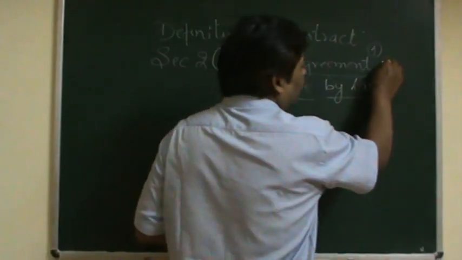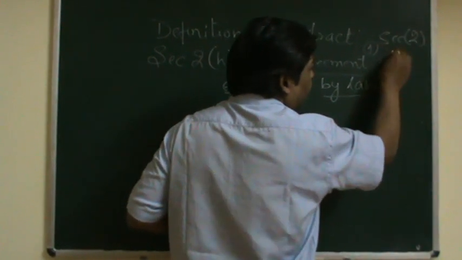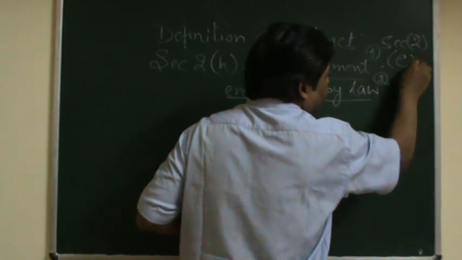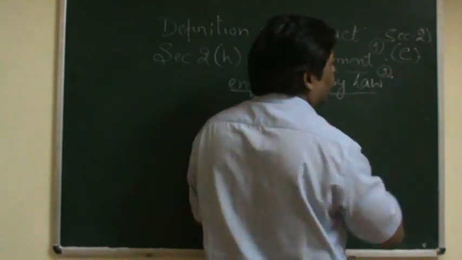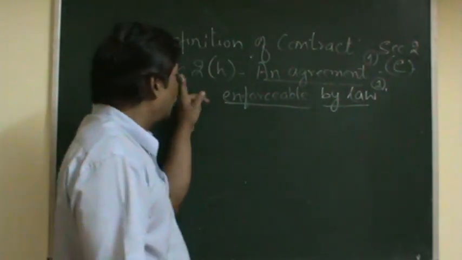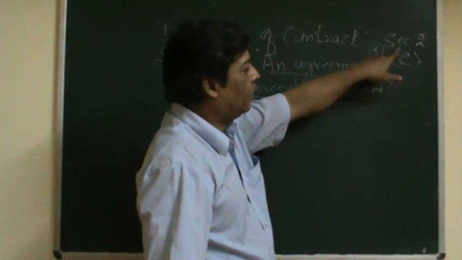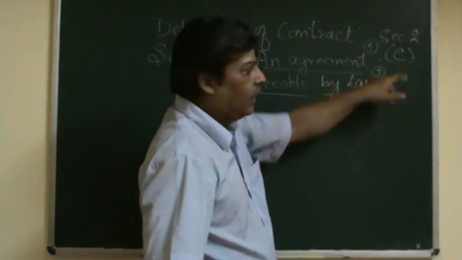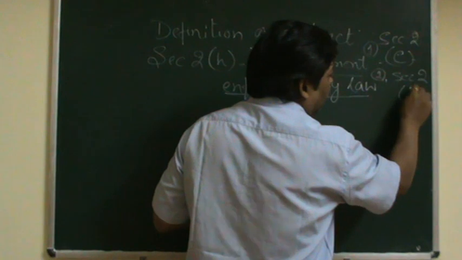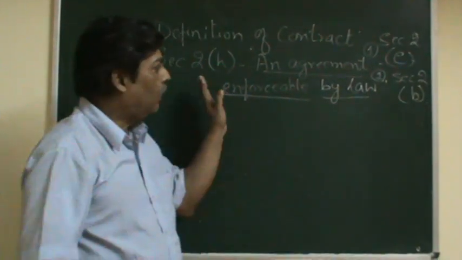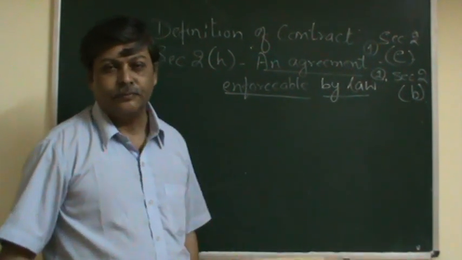You have to read section 2E along with section 2 clause H, and also section 2 clause B. If you club all these, you will get the meaning of the agreement.